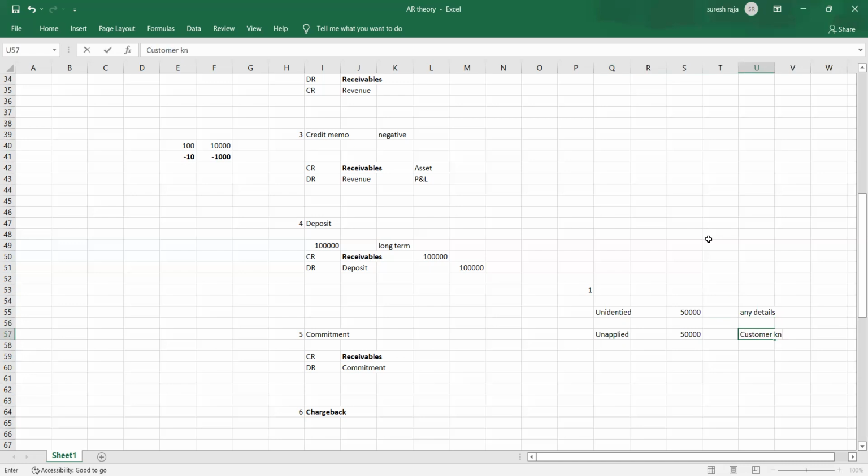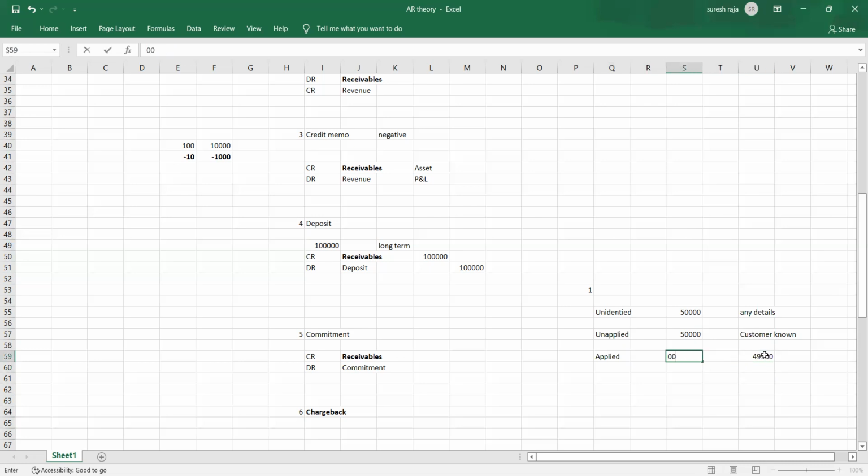Customer known, but you don't know which invoice. Maybe he has 100 pending invoices. I don't know which invoice to apply to. Based on the customer only, you will apply. Normally the system will follow the FIFO method, or LIFO, whatever you configure. Mostly they follow FIFO, old invoice first. But now the customer tells me to apply my amount to something like 49,900, near to one invoice that is there.